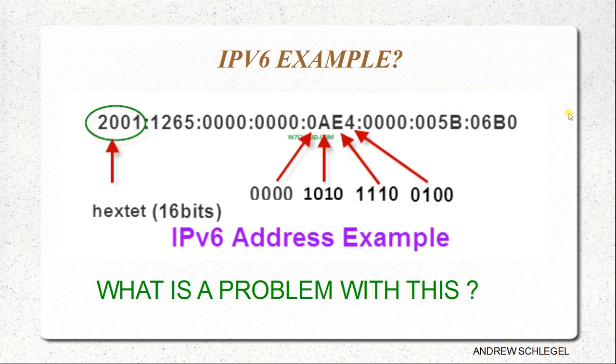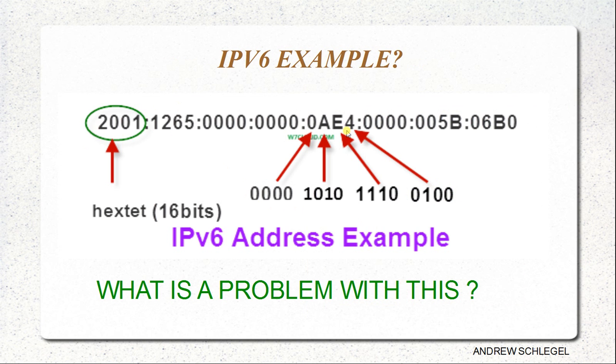So let's take another quick look at the IPv6 example. Again, we've discussed that this is a hextet, and there's 8 of them. Now if we look inside one of these hextets, it's comprised of these 16 bits. It takes 4 bits to represent one hex number. So what's this? 1's place, 2's place, 4's place.